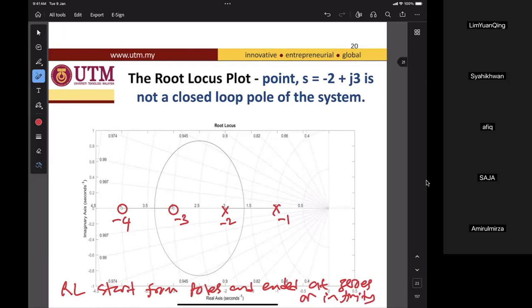In this case, we have two poles. So we have a blue one, it goes up and ends here. And then the green one goes down and ends here.